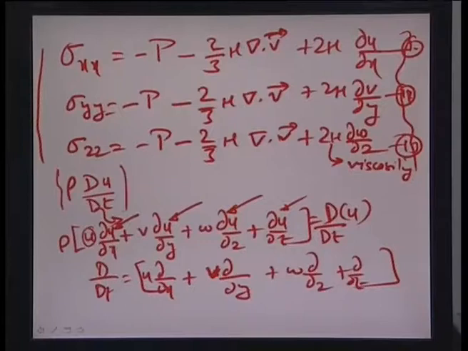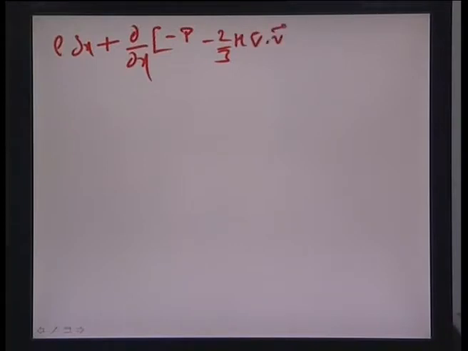So, the left side becomes rho du by dt, and the right side of this equation, as we already know from previous examples, becomes rho gx plus del by del x of sigma xx, and sigma xx comes from the pressure equation as minus p minus 2 by 3 mu del dot v plus twice mu del u by del x. That is what sigma xx is.